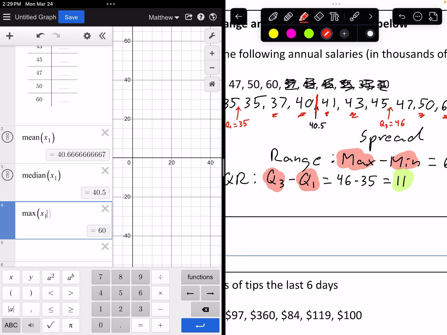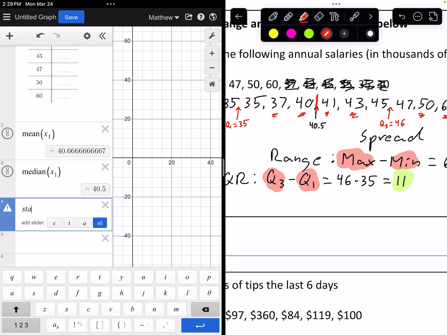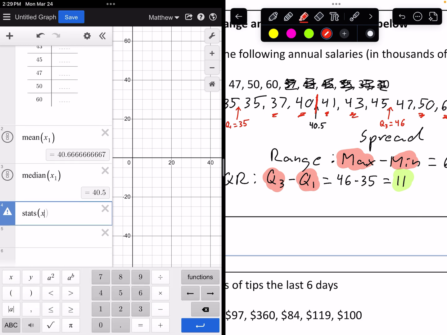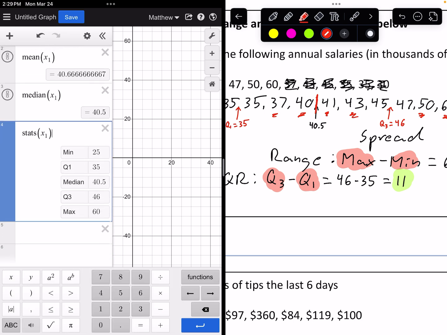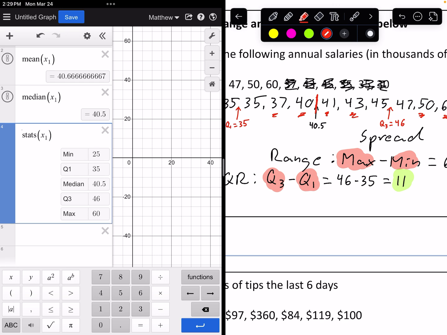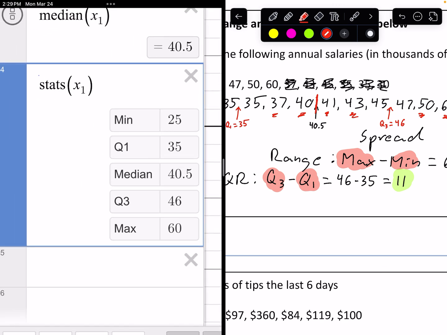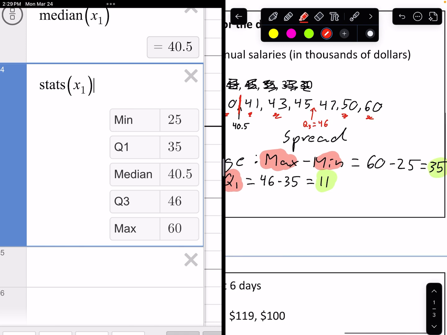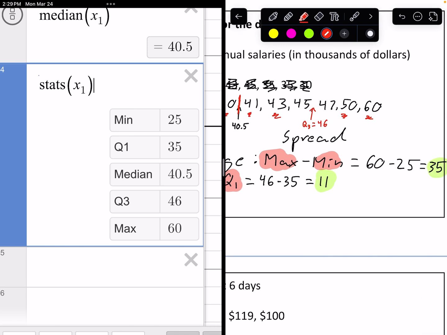But the easiest way is to type in stats of X1, and it gives you your min, your max, your Q1, and your Q3. As we already knew, our biggest number is 60, our min is 25, our Q3 is 46, and our Q1 is 35. So we could just take those and get right into the subtraction.